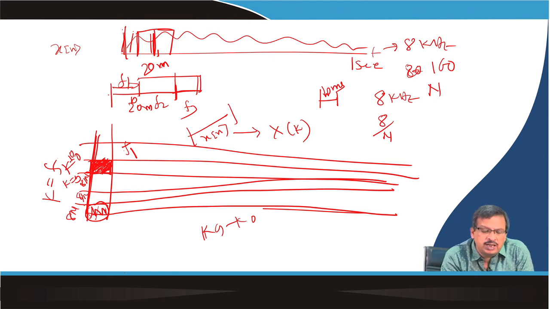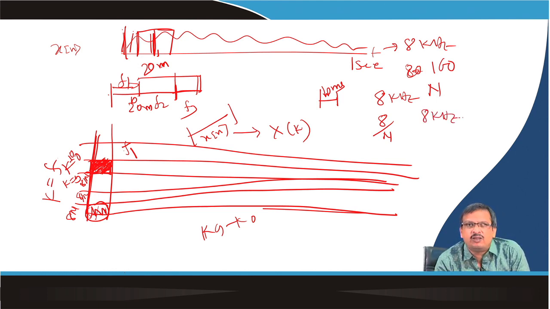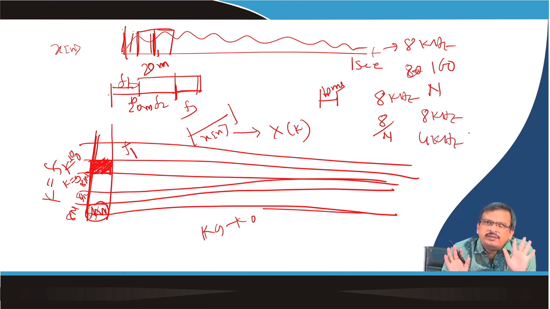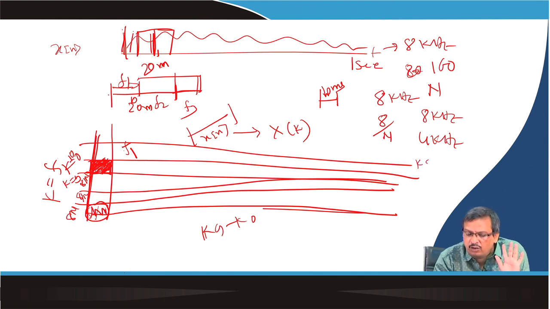If the sampling frequency is 8 kilohertz, what is the signal content? 4 kilohertz. I only have to analyze up to 4 kilohertz, so k equal to n by 2. So, how do I set it? k equal to 0 to k equal to n by 2. So, up to 4 kilohertz I want to know. And what is the resolution?